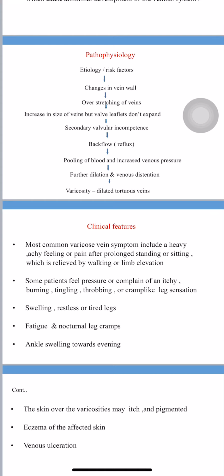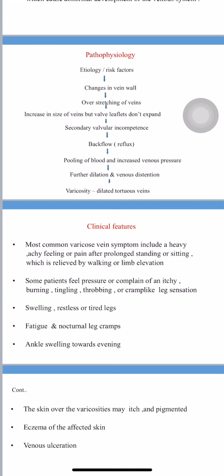That leads to secondary valvular incompetence and backflow of blood, which ultimately leads to pooling of blood and increased venous pressure, and further dilation and venous distension, leading to varicosity.